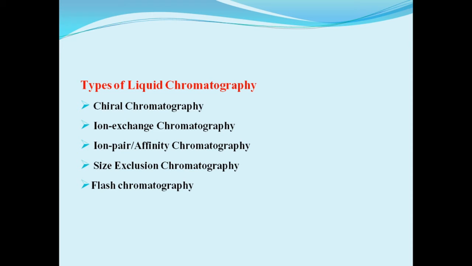Next type is ion pair or affinity chromatography. Separation depends on a chemical interaction specific to the target species. The more popular reverse phase mode uses a buffer and an added counterion of opposite charge to the sample, with separation being influenced by pH, ionic strength, temperature, concentration, and type of organic co-solvent.